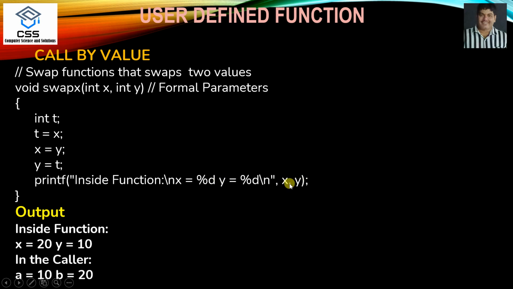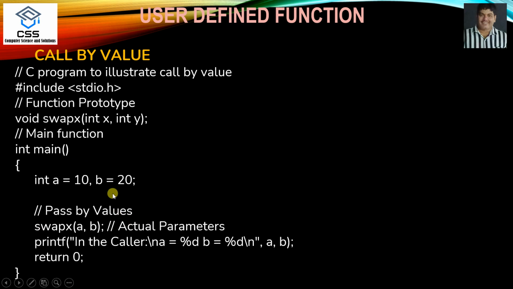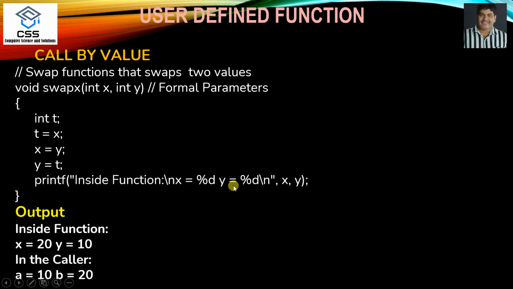So the value is changed here as 20 and 10, but when it returns here it again becomes 10 and 20. But what we want is that it becomes 20 and 10, meaning whatever changes are made in the called block should reflect in the calling block. That does not happen in call by value, because the value is temporarily changed in the duplicate memory location. In the real memory, the value does not change.